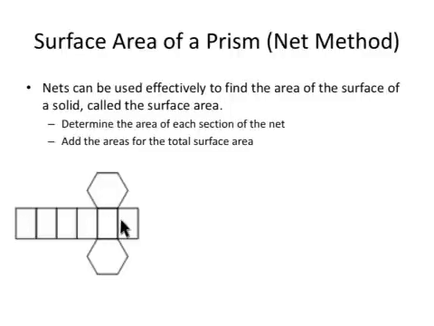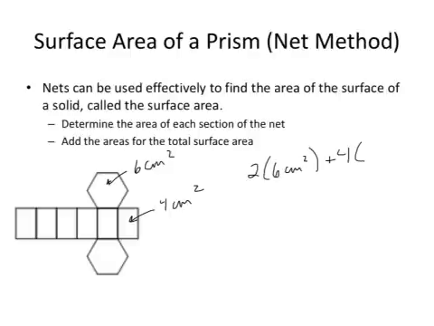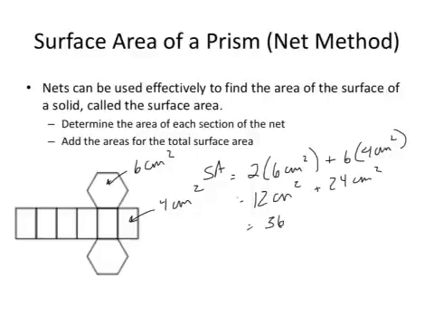So if we were going to say this area here was 6 centimeters squared, and this area was 4 centimeters squared, and I'm just throwing in random numbers here, then I would have 2 times my 6 centimeters squared plus 6 times my 4 centimeters squared. And that would equal my total surface area, okay? So that's going to be 12 centimeters squared plus 24 centimeters squared, which will equal 36 centimeters squared.